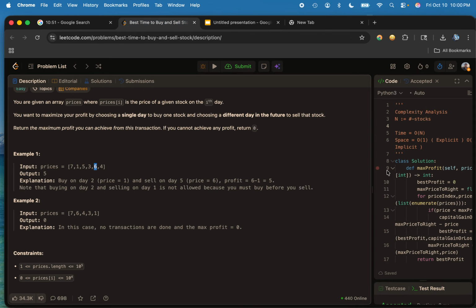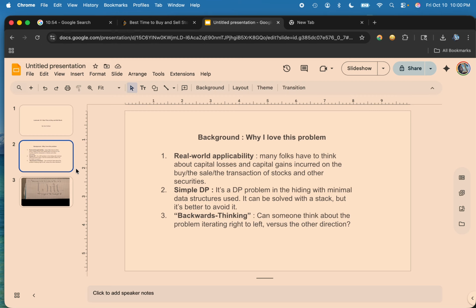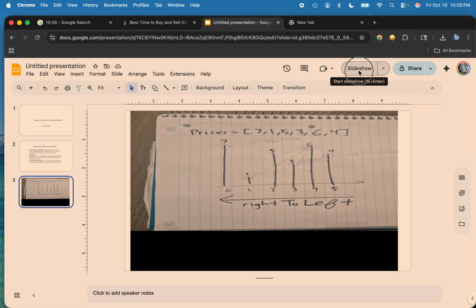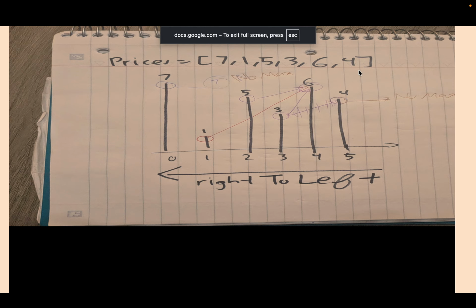Now, let me go into a visual for how to think about the problem. I drew out here a small diagram with one example with 6 prices, 7, 1, 5, 3, 6, 4, with corresponding bars over each day. What I want us to take note of is that we're really focused on maximizing a single transaction with its given price history.